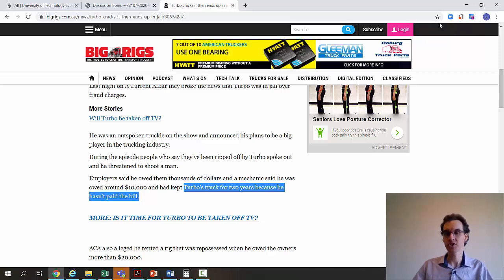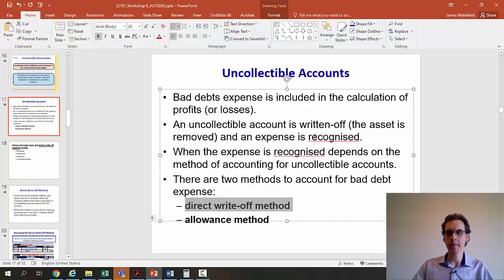So they keep it as a form of security. In any case, Turbo is unable to pay this amount, so the business needs to directly write it off. Because it's taken them 2 years, say, to work out that they're never going to get their money, there has been a significant time that has passed from when the revenue was originally recognized to when the bad debt expense has now been recognized.